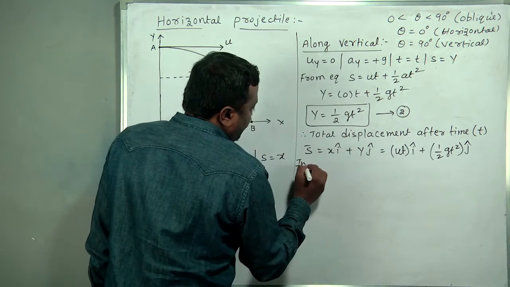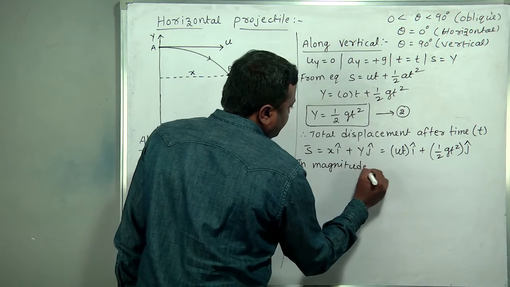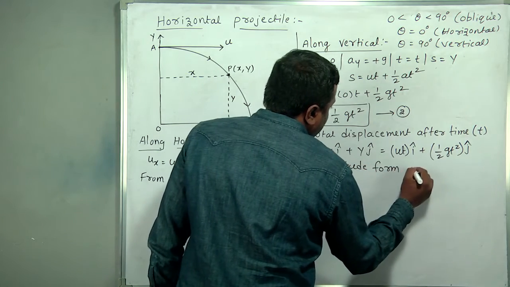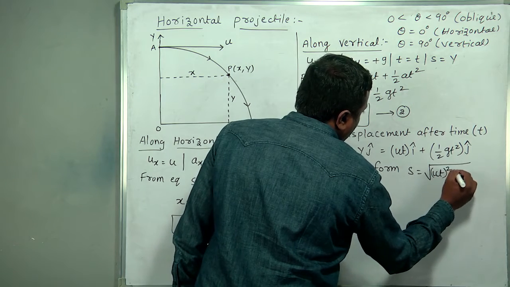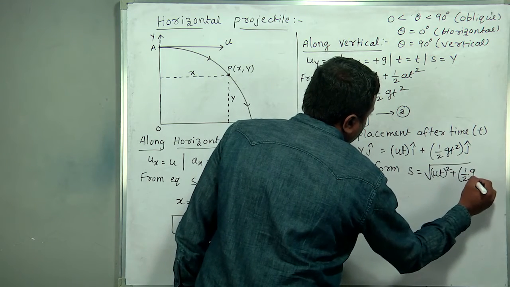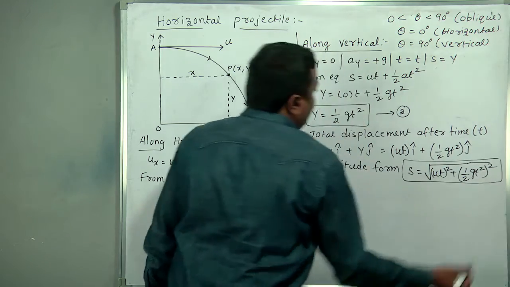Now in magnitude form, s is the square root of x square, that is ut whole square, plus y square, that is half g t square whole square. So this is in magnitude form.